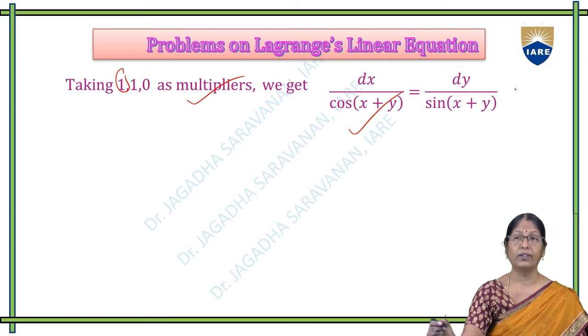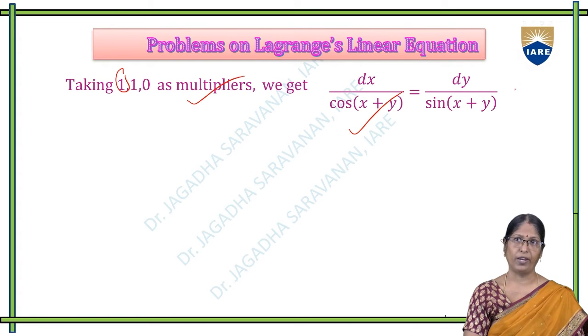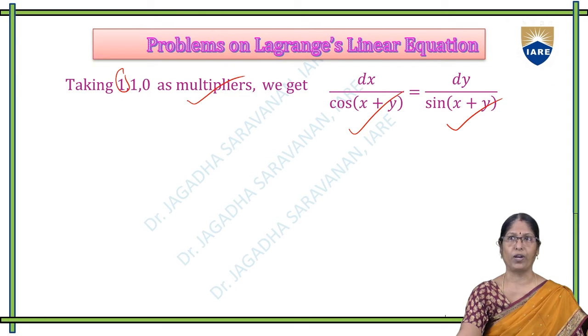After multiplying, the third member vanished. So the remaining we obtained dx by cos of x plus y, which is equal to dy divided by sine of x plus y.